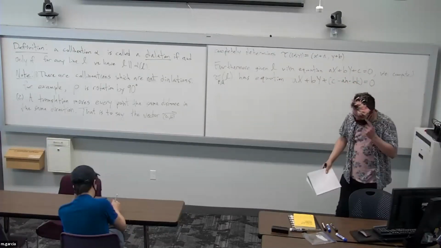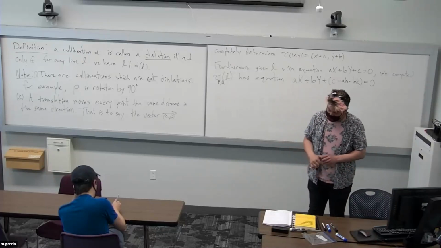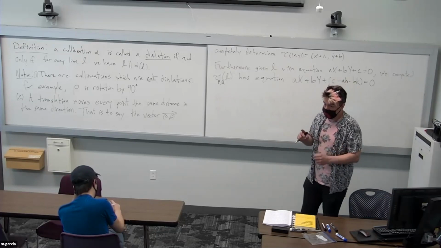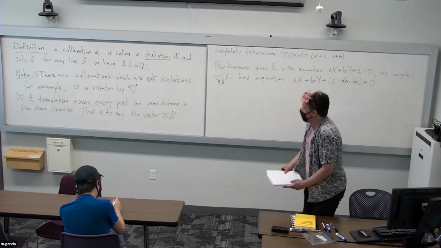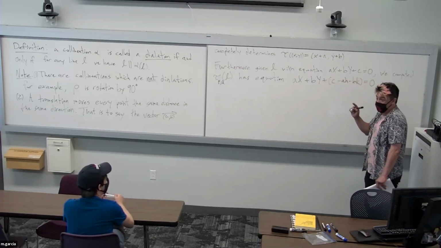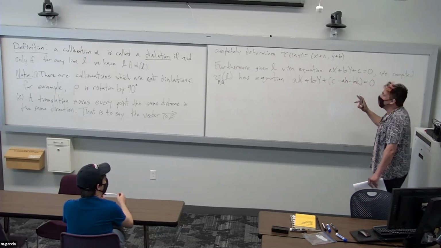So this allows us to give a necessary and sufficient condition for when a line is taken to itself. What is the condition here? ah equals bk. Right, so let's write that out.